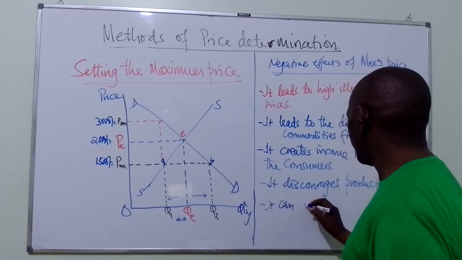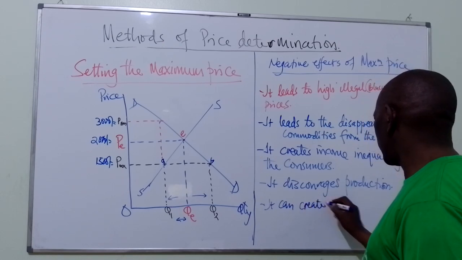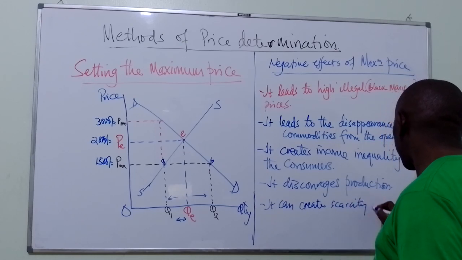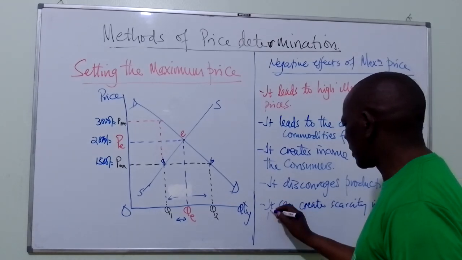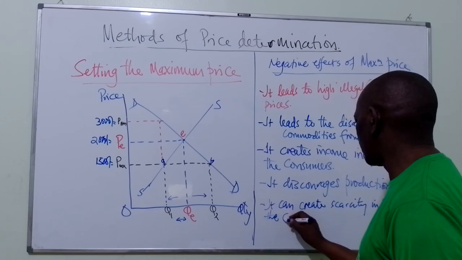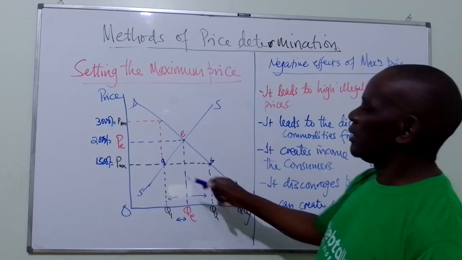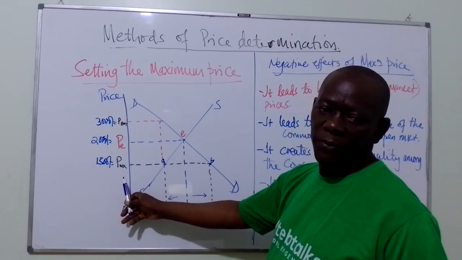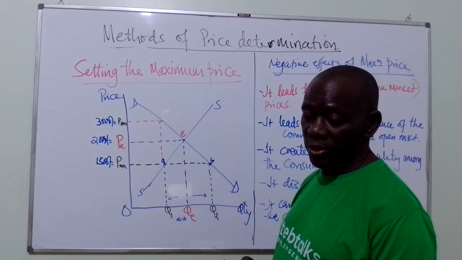Then it can create scarcity inflation in the country. Why? Because now the price which was 2,000, the government came up to reduce it to 1,500. It finally went to 6,000, and the producers have reduced the production.